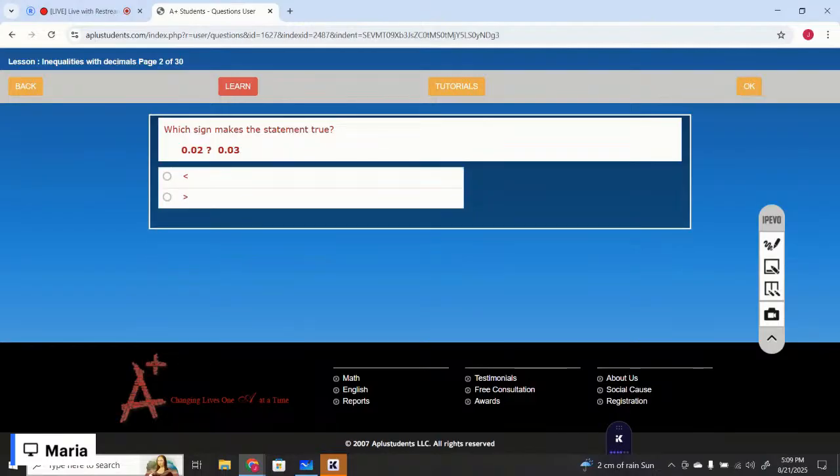Which sign makes the statement true? 0.02 and 0.03. So which is the correct option?